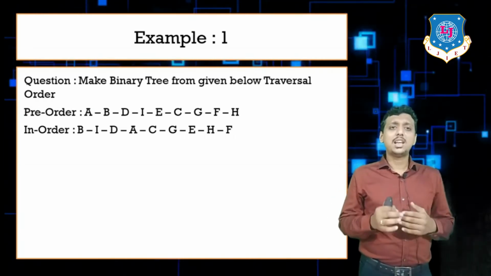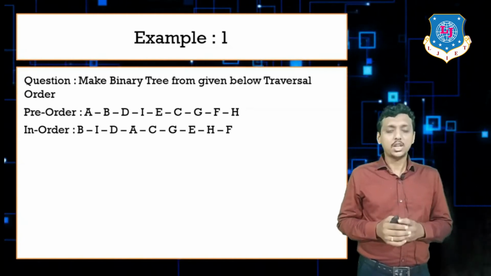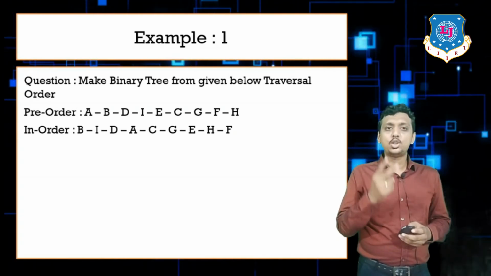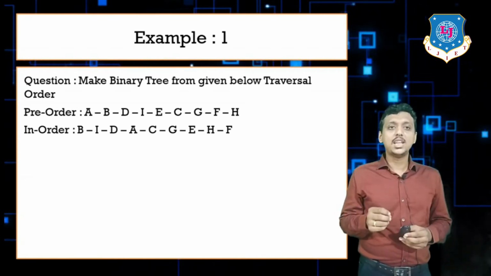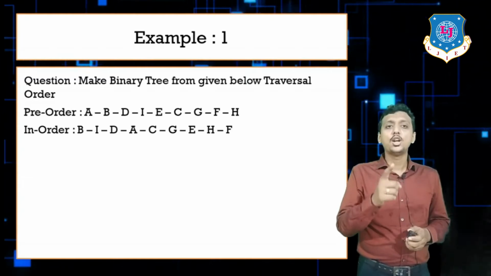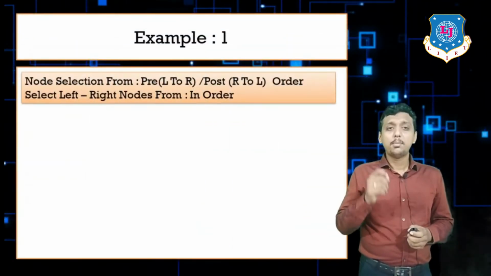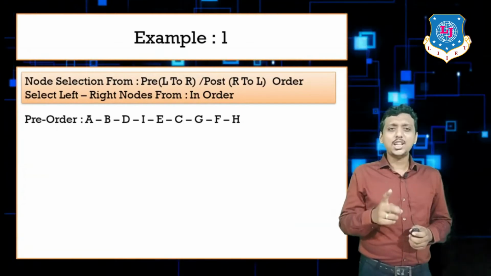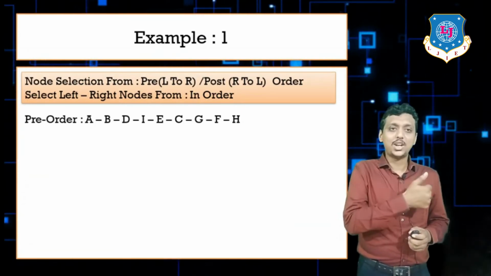We just need to select the first node. If we remember the two steps, selection of the node begins with either pre-order or post-order. Here we have pre-order, that's why I need to go from left to right.